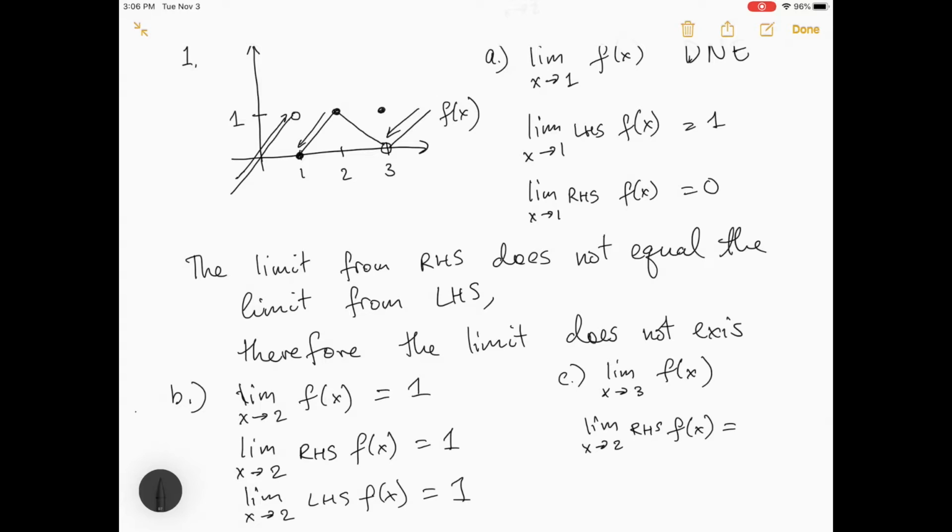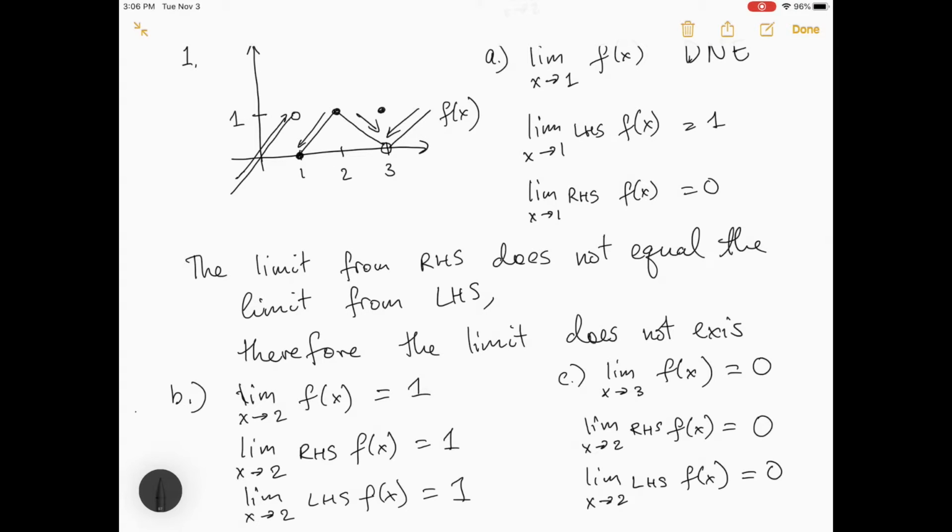While the limit as x goes to 3 from the left-hand side of f of x also approaches 0. So the limit from the left-hand side is equal to 0. Therefore, the limit exists and is equal to 0.